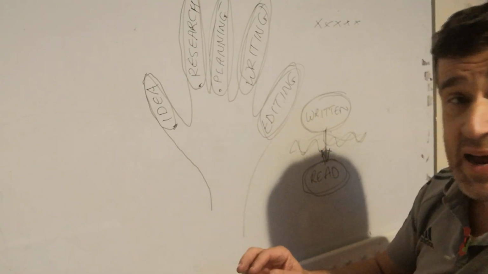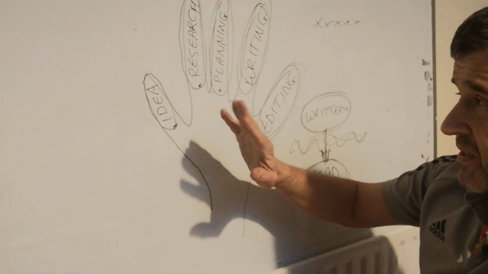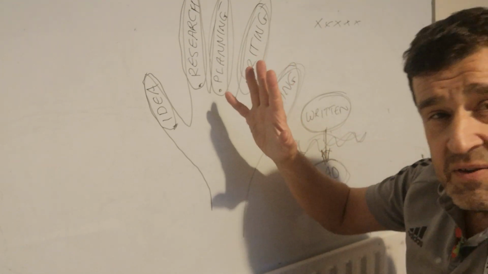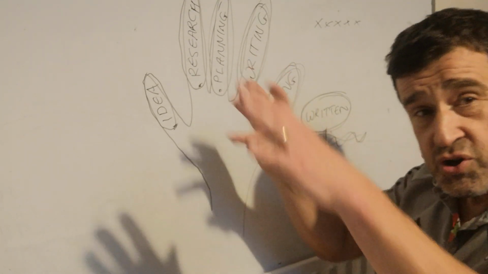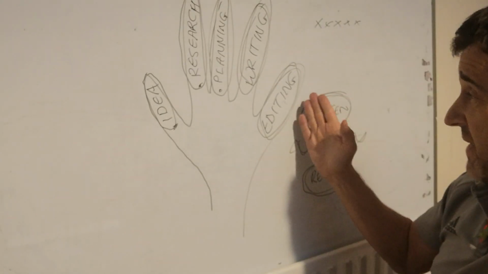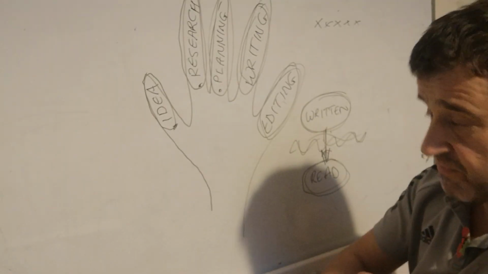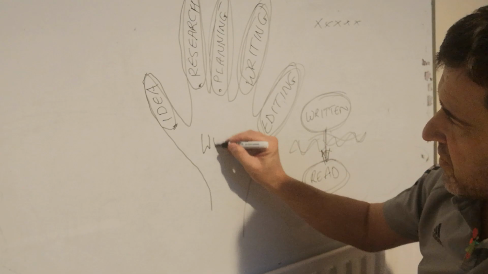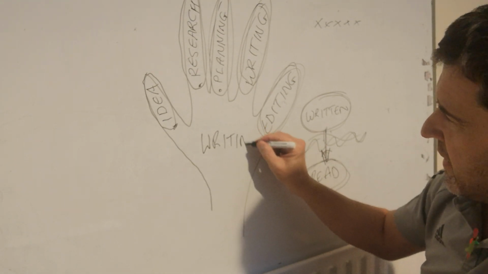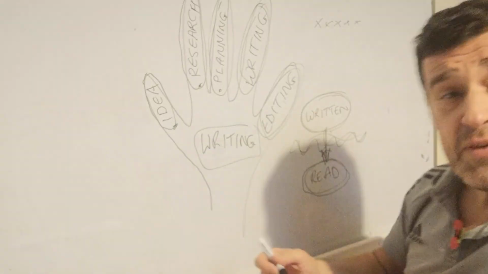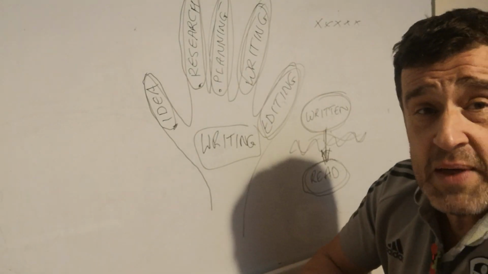As I said before, writing is the thinking, the finding out, the structuring before you've even started writing it, and the writing, and then the editing, the changing, and the making it better. They're the 5 stages of writing. So I should write writing on there, shouldn't I? Anyway. I've never done that on a board before. I hope that made sense.